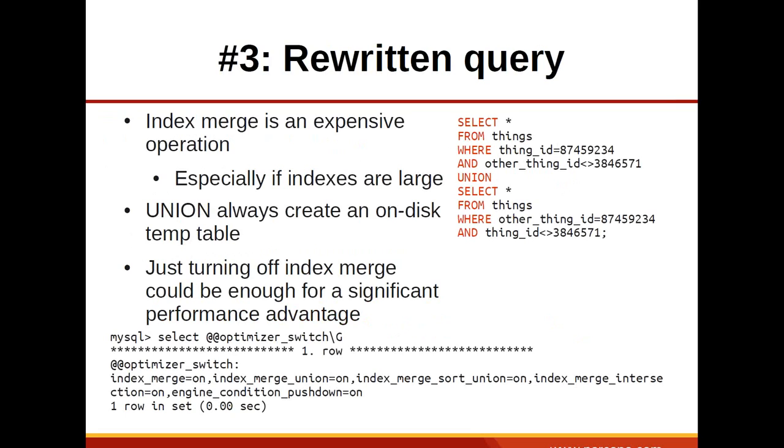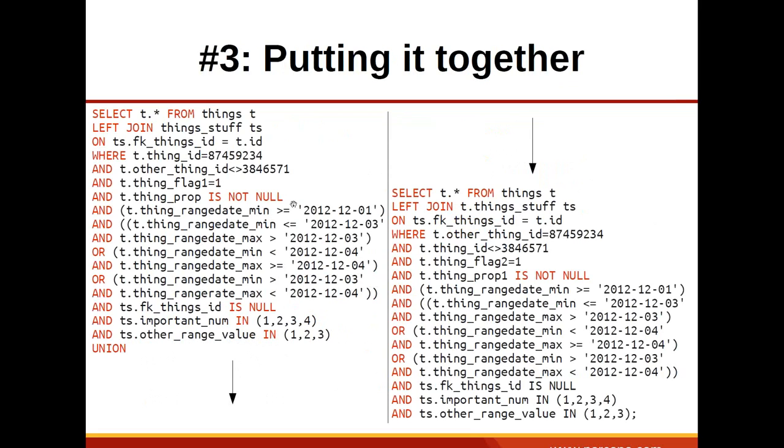But if the result set is large, then the bottleneck will be union itself when it creates the on-disk temporary table. In cases like this, when you have expensive index merges, turning them off completely can solve most of the issues. You can do this through the optimizer switch variable. You can turn off various optimizer plans that way.